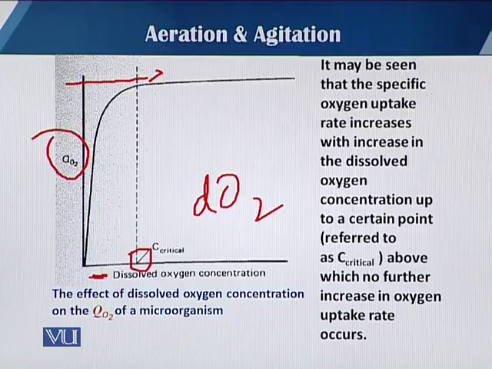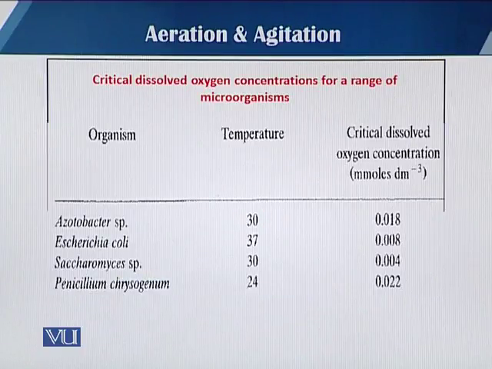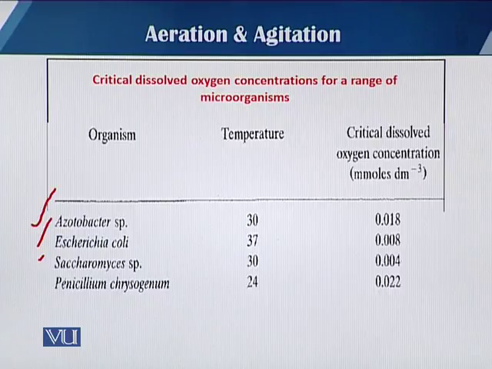So you can see in this slide the critical dissolved oxygen concentration for a range of microorganisms. In this table there are 4 different microorganisms: Azotobacter, Escherichia coli, Saccharomyces, and Penicillium chrysogenum, at different temperatures.